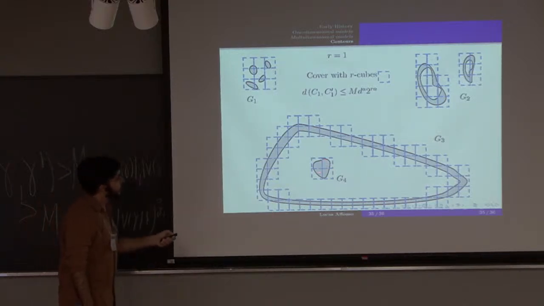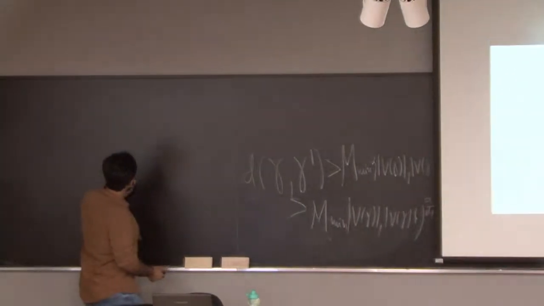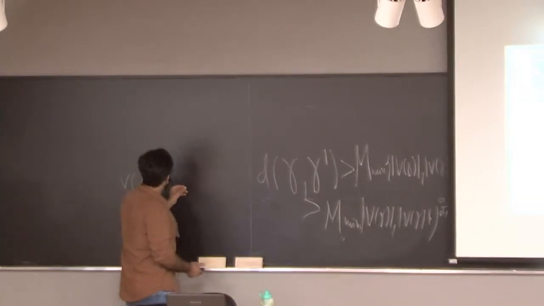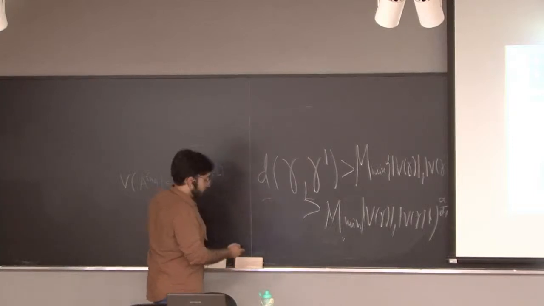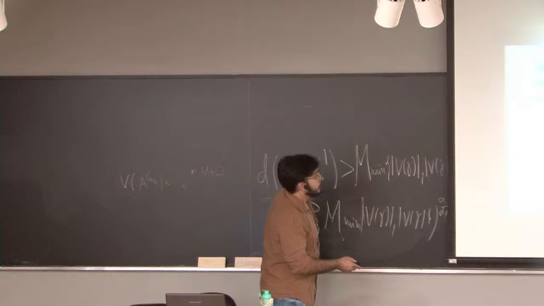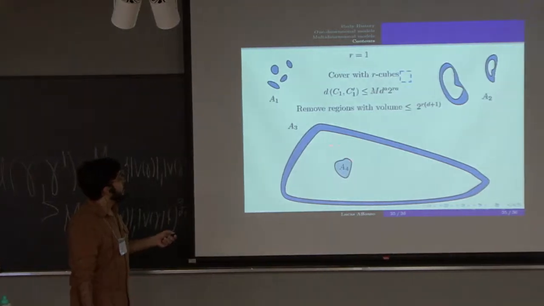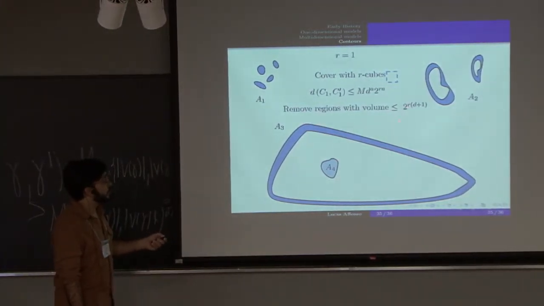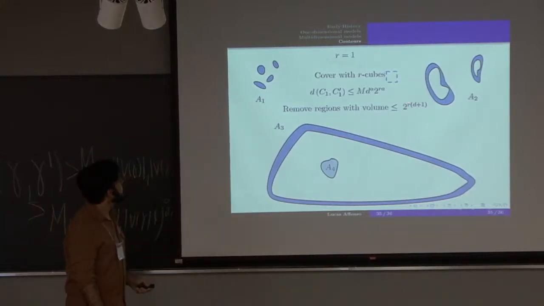So it's just this shape over here, and you check if the volume of this component is less than 2^(R(D+1)). Every time you have a connected component of the graph where the volume is less than this, you remove it. You remove this A1 part.